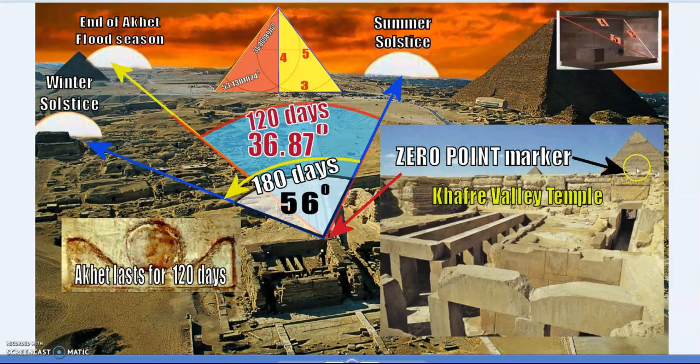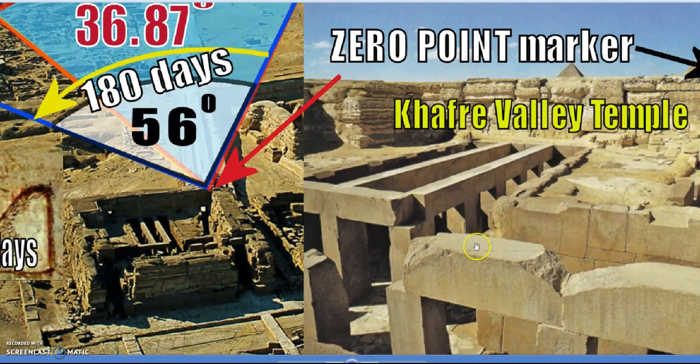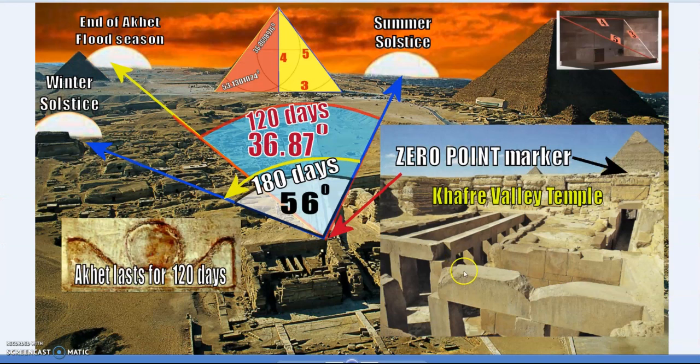Now what's important is this Khafre Valley Temple has a rather unusual form of architecture where we see these squared-off blocks. This is very rare. A typical Egyptian temple has columns and writing and all sorts of decoration everywhere, but the Khafre Valley Temple is very rare in that it has this form of architecture.